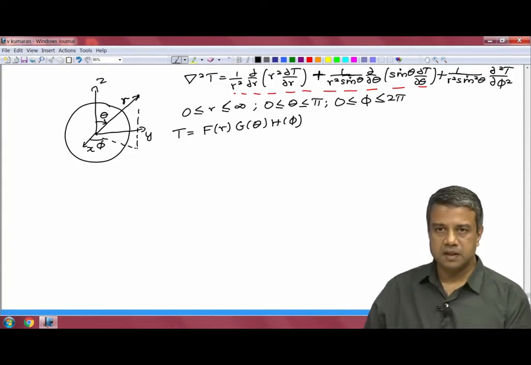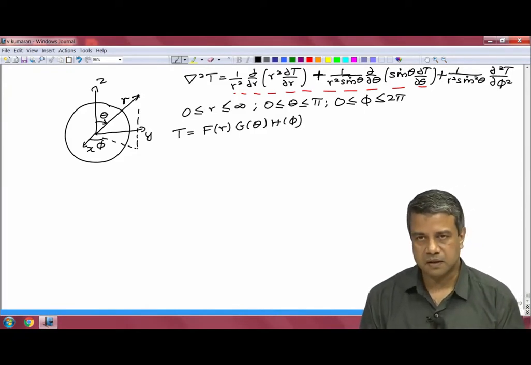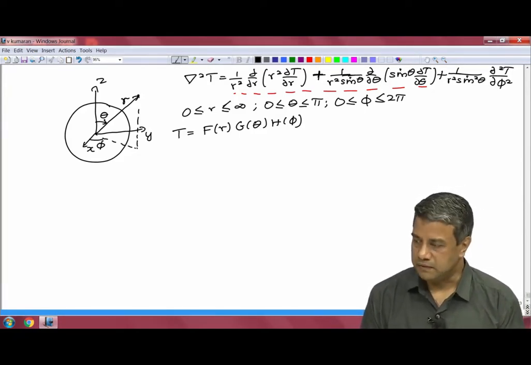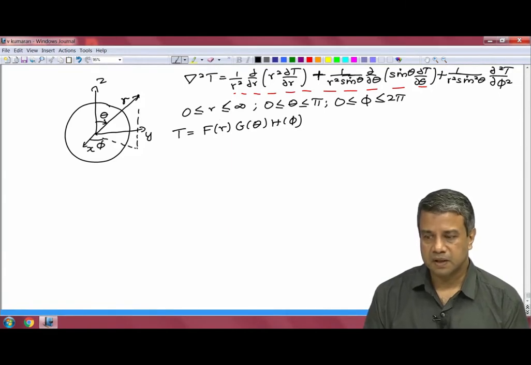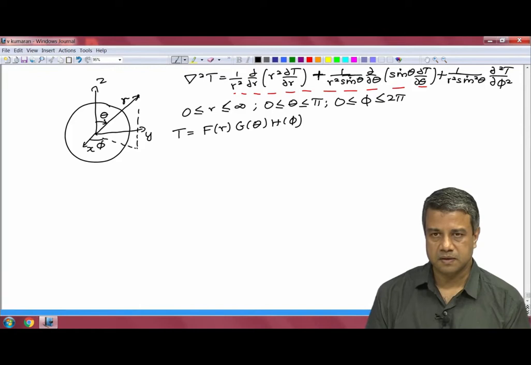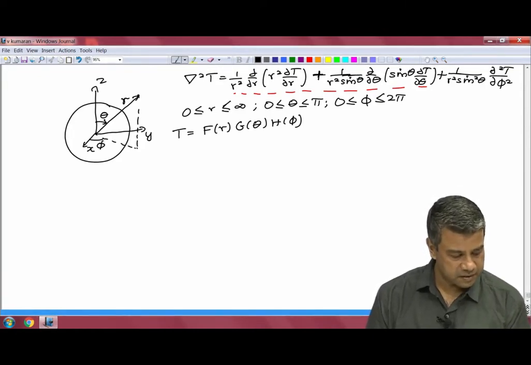Substitute this into the conservation equation and then divide throughout by f times g times h.